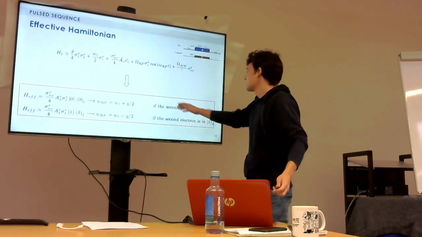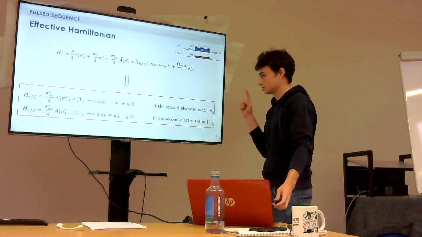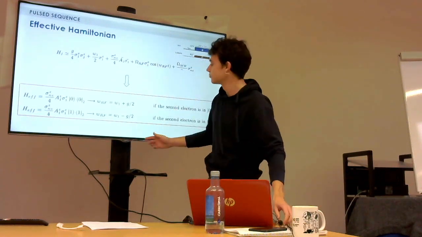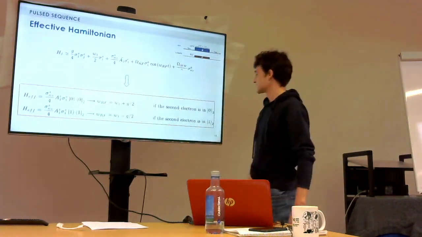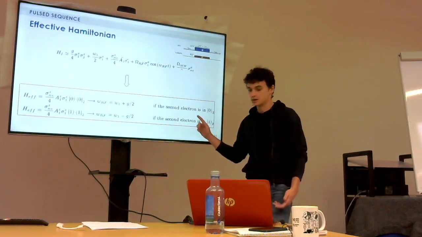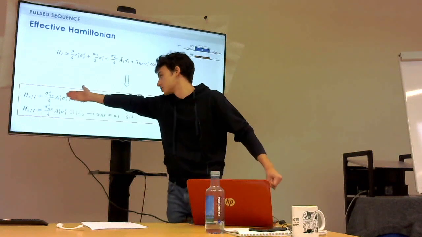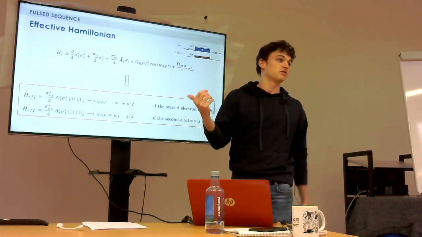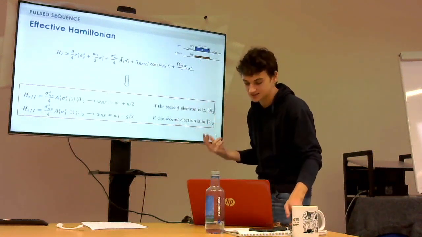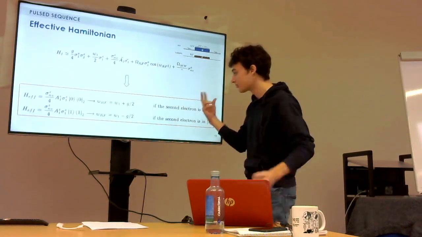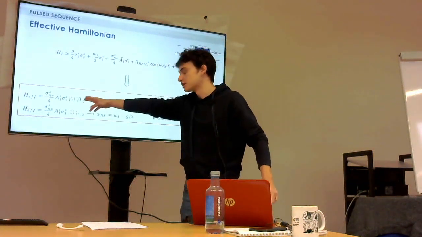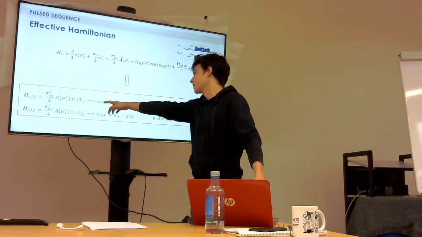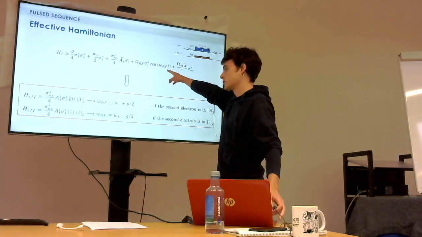This tells us that if the second electron is in state 0, the effective Hamiltonian of the whole system will be this one right here, while if the second electron is in state 1, the effective Hamiltonian will be quite similar to the first one. So notice how the effective Hamiltonian of the system depends on the state of the second electron. And apart from this, to obtain these effective Hamiltonians, we have to set these resonances over here for the frequency of our driving in radio frequency.